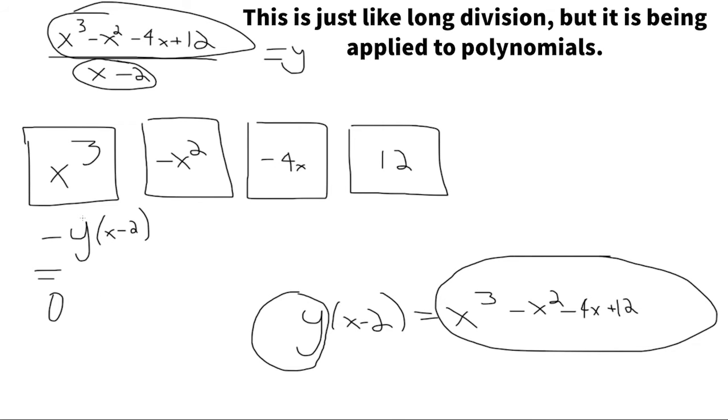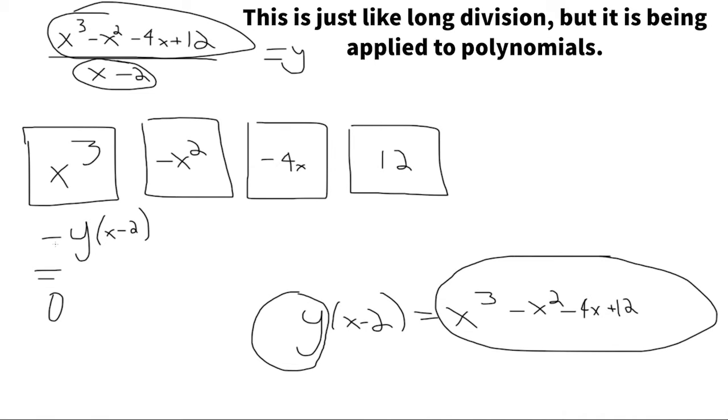And this is just like long division. In long division, we subtract from what we're dividing until we get either 0 or a remainder. I just explained why we do what we do before, but it's just like long division, except now we're applying it to polynomials. I know I wrote a 0 there, but we can also get other things besides 0, and those are known as remainders.